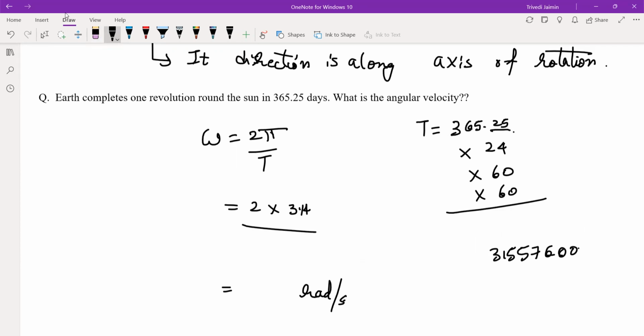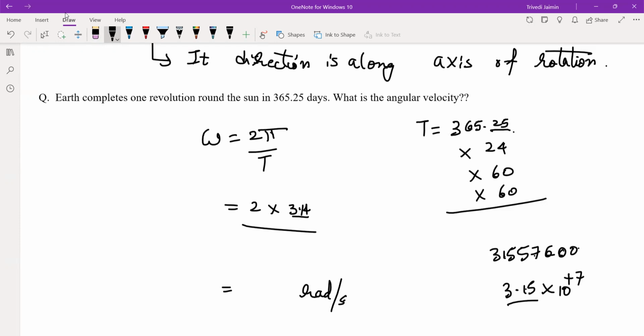Now after this, 1, 2, 3, 4, 5, 6, and 7. 3.15 into 10 to the power of plus 7. So use this one and divide it. If you observe, this 3.15 and here it is 3.14, it's almost similar.